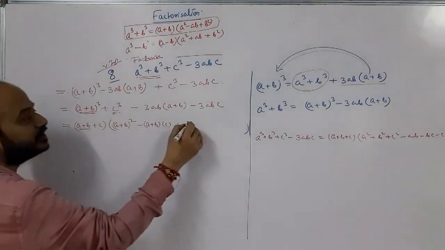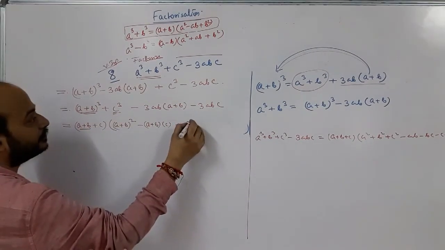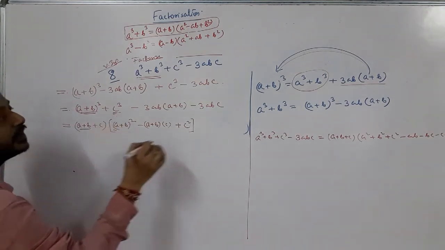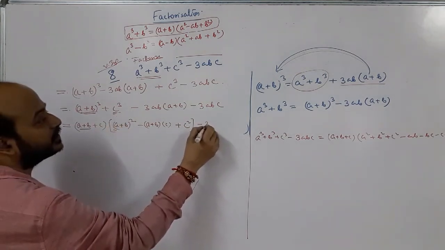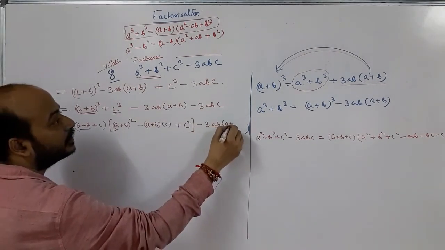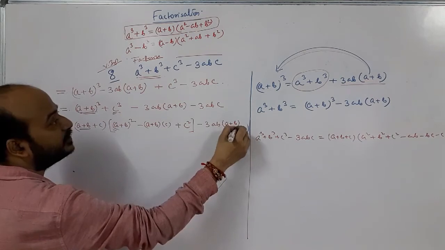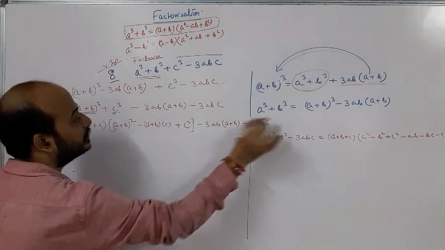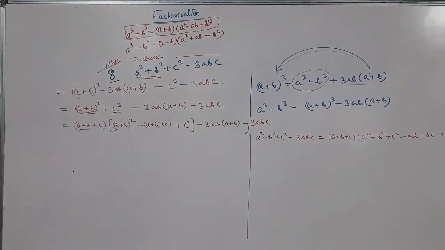This is c square, and then minus 3ab, this part, a plus b, minus 3abc. Okay, so we got this.